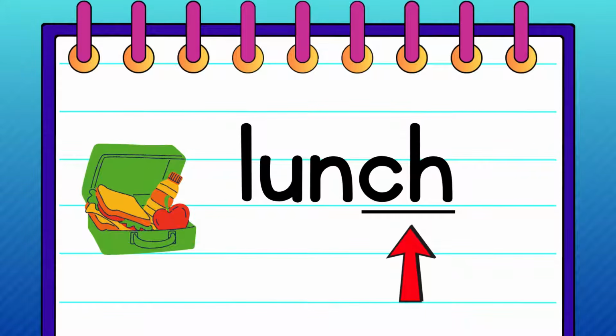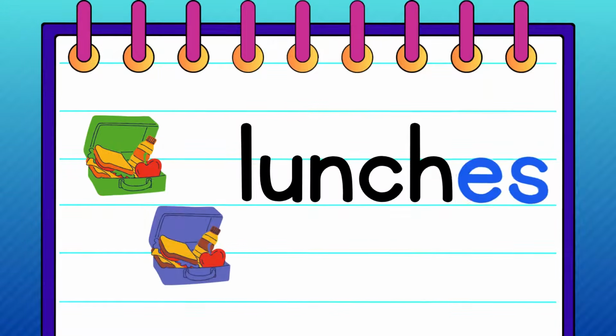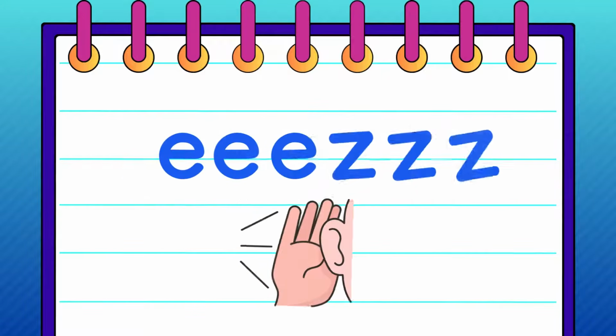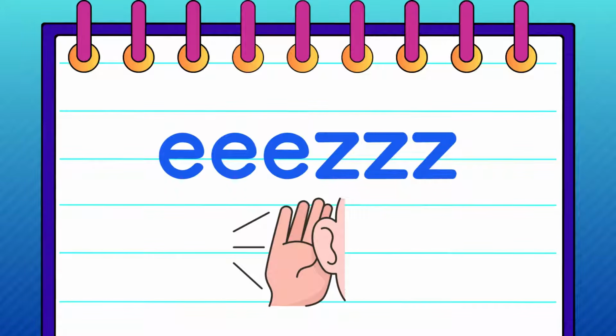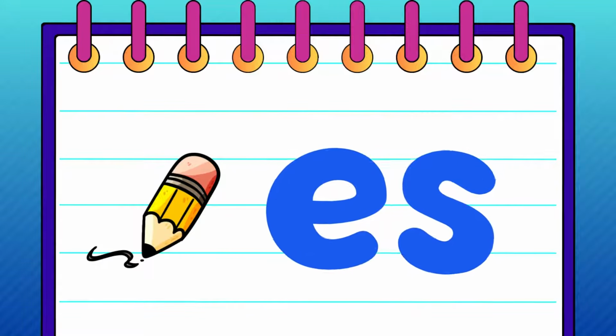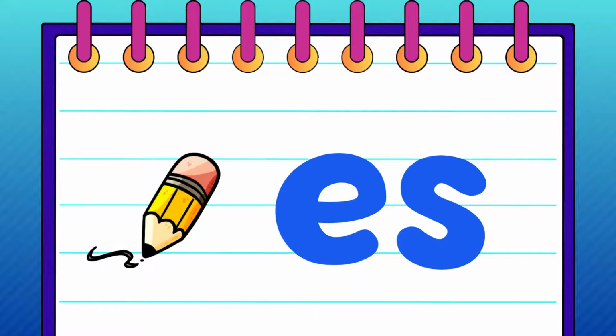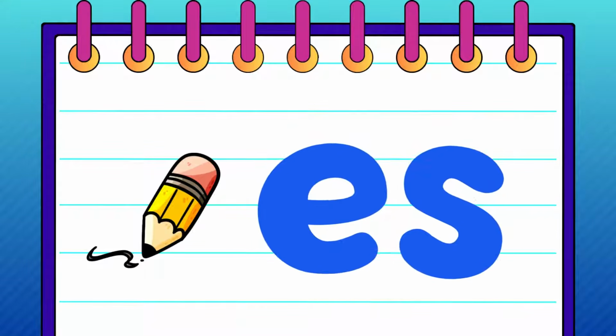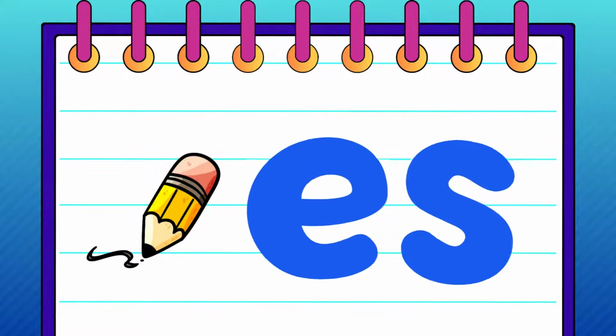And a lunch becomes lunches. You may have noticed that when we add ES to the end of the word, it sounds like Z. Just remember, even though we hear the Z sound, the suffix is spelled ES.